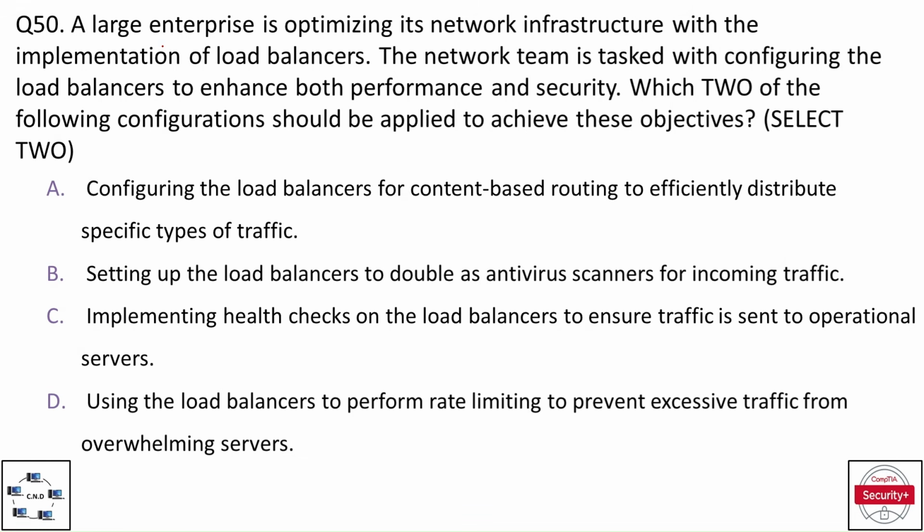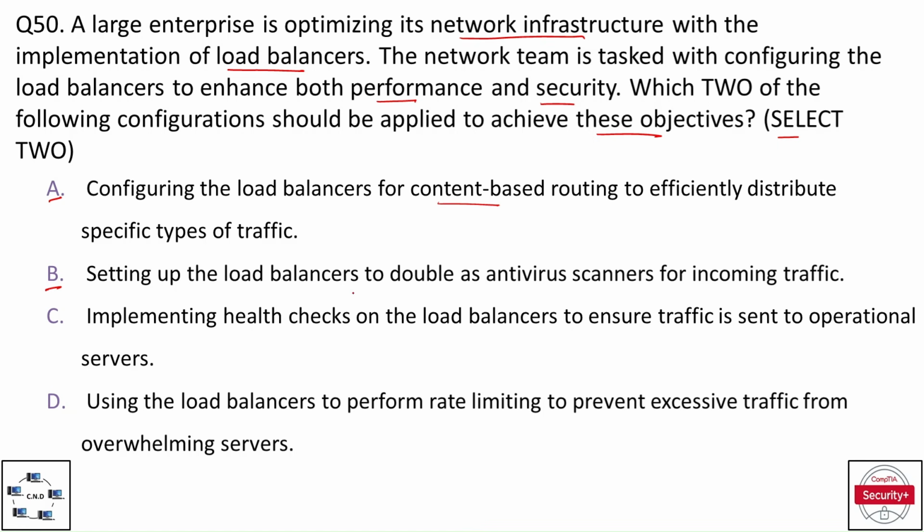Question number 50. A large enterprise is optimizing its network infrastructure with the implementation of load balancers. The network team is tasked with configuring the load balancer to enhance both performance and security. Which two of the following configurations should be applied to achieve these objectives? Select two options, and the options are option A, configuring the load balancers for content-based routing to efficiently distribute specific types of traffic.